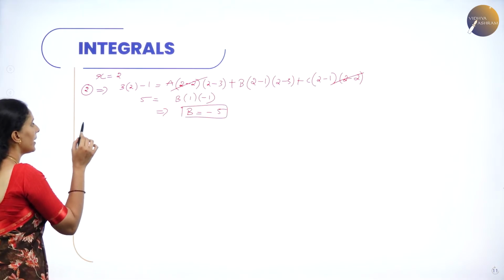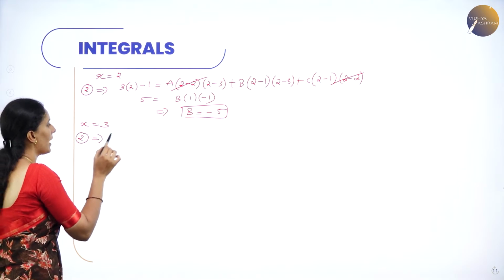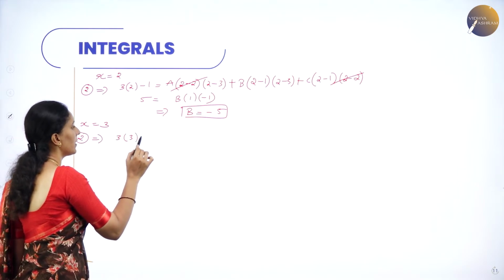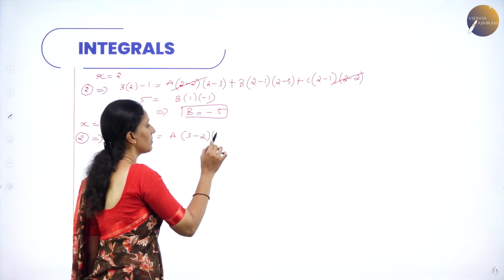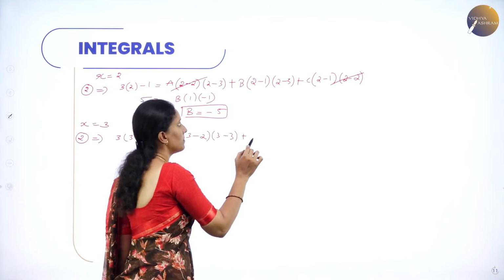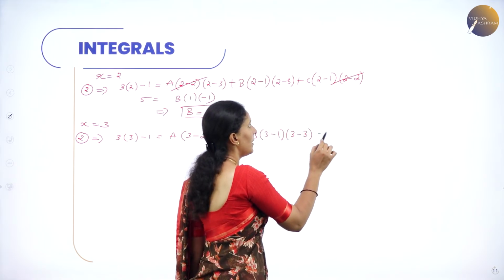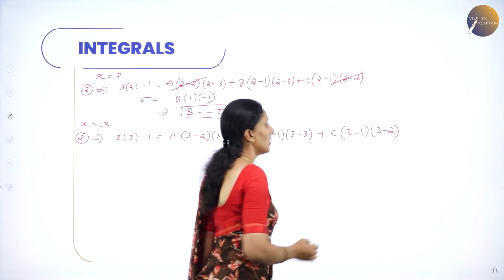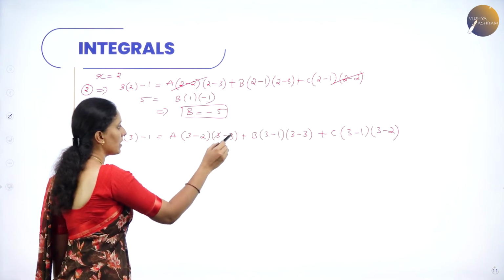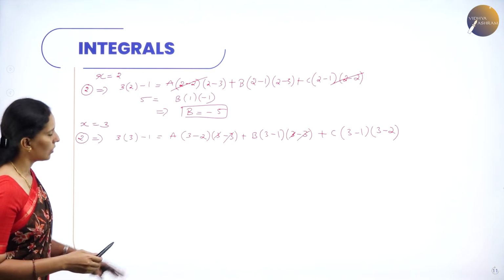Next, let me take x is equal to 3. If you take x is equal to 3, equation 2 implies 3 into 3 minus 1, equals a into 3 minus 2, 3 minus 3, plus b into 3 minus 1, 3 minus 3, plus c into 3 minus 1, 3 minus 2. So clearly a becomes 0, b becomes 0, and now we have only the c factor.